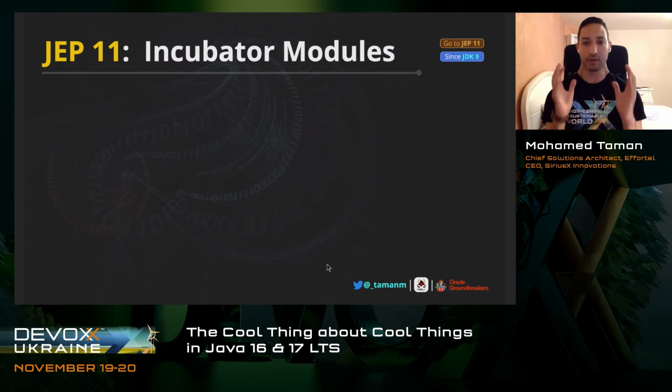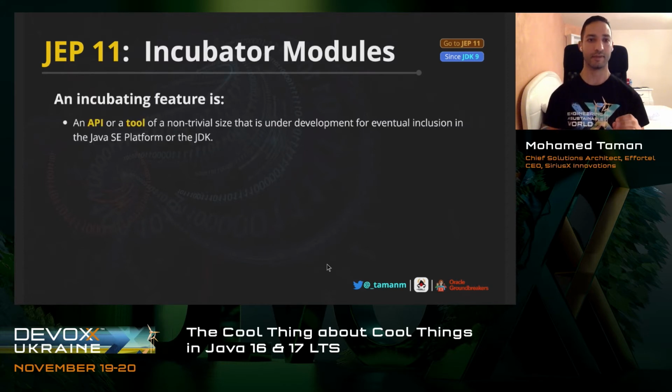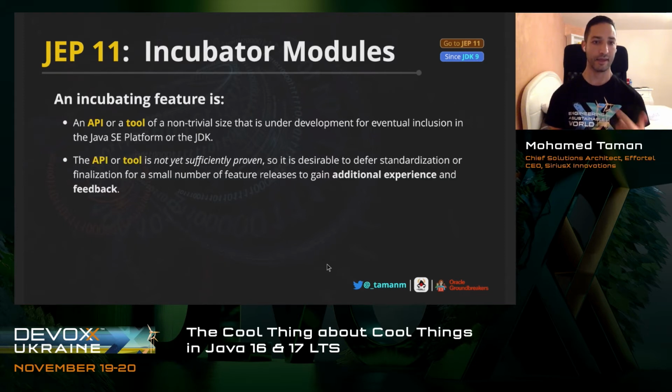Incubator module is the same concept, but it's only for APIs. It doesn't have any relation with the JVM or Java language features or something like this. It's related to an API or tool that is of non-trivial size, under development, and needs some evaluation and re-enhancement.